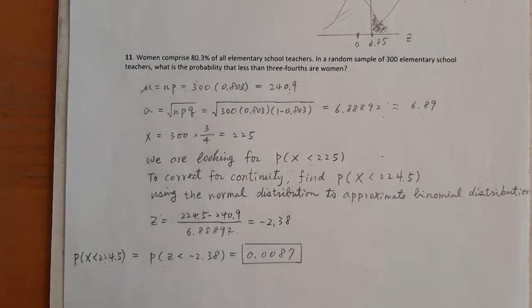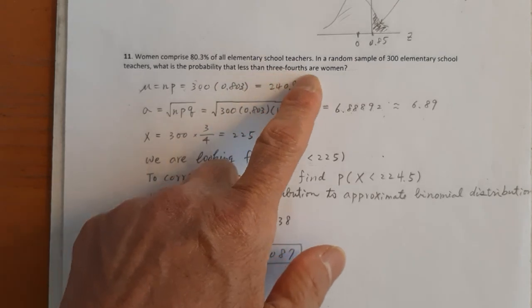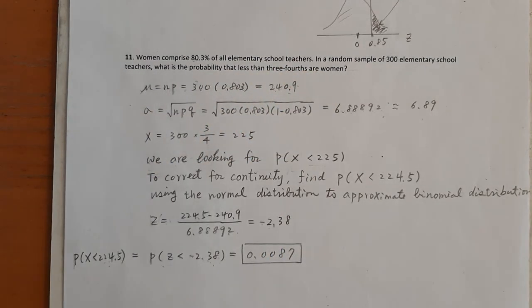So it's less than 75%, 3/4, are women. The probability is very small, 0.87%.